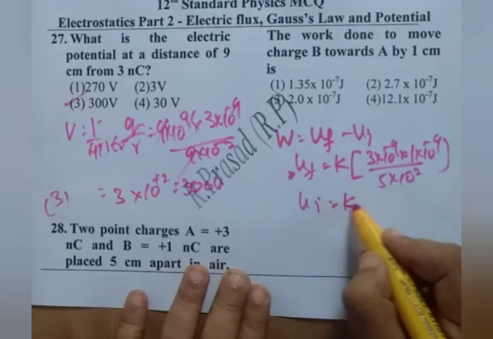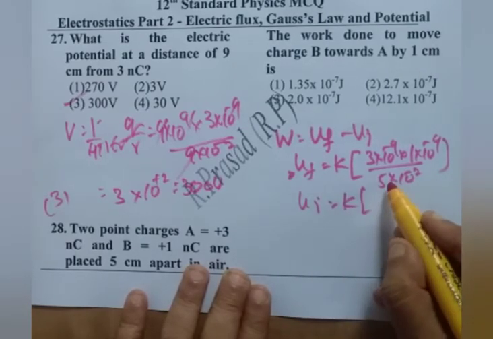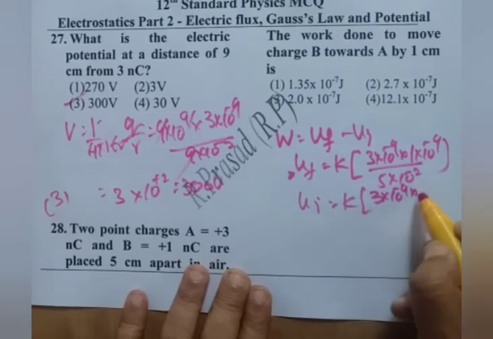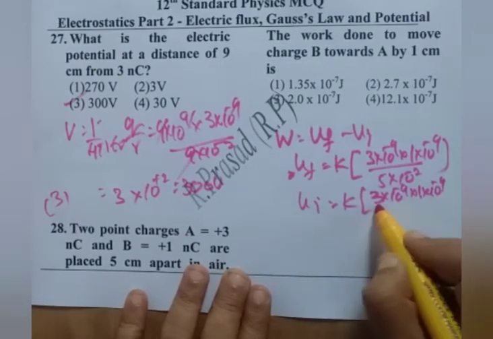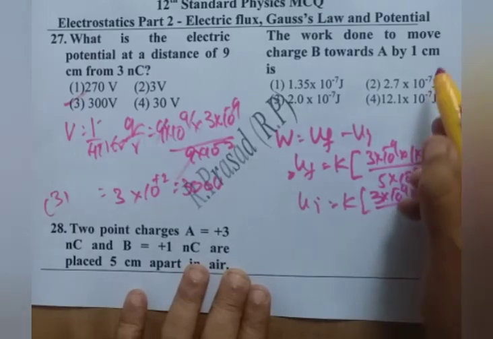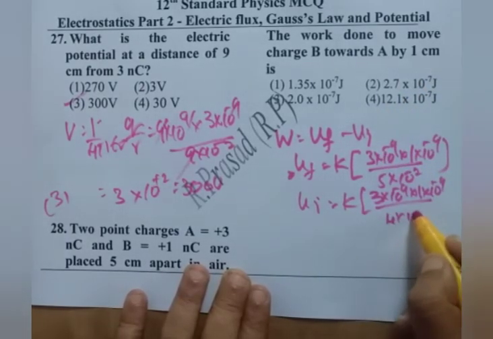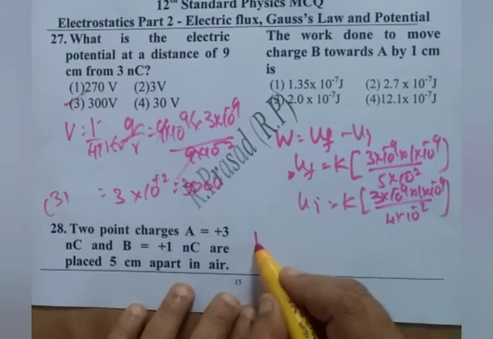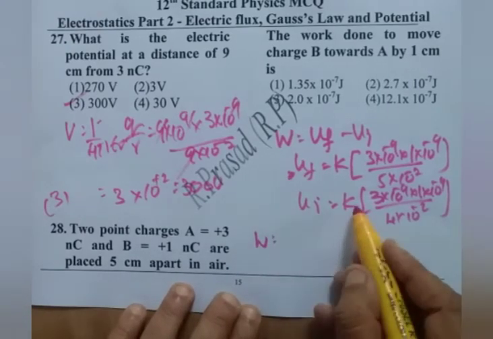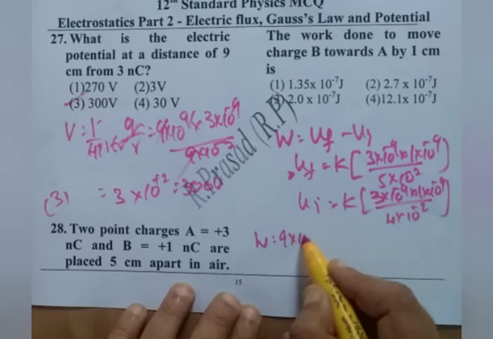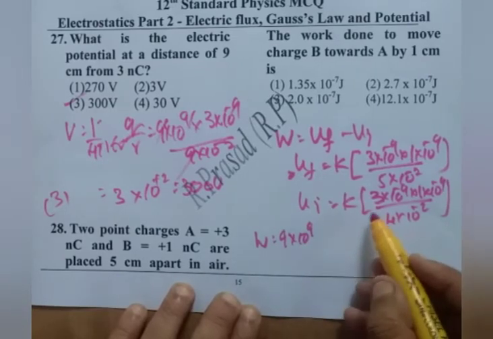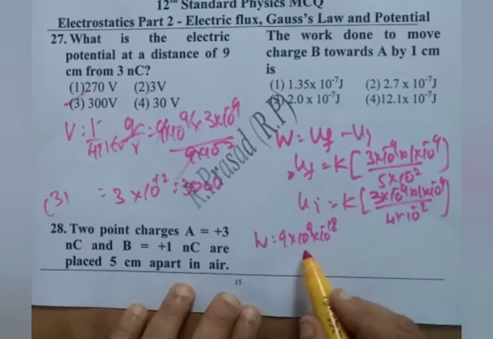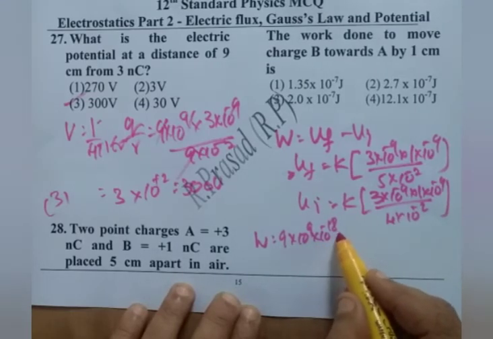Ui, K into 3 into 10 raised to minus 9, 1 into 10 raised to minus 9, by, 1 centimeter moved means 4 centimeter remaining, 4 into 10 raised to minus 2. If we want to calculate the work done now, if you substitute everything, 9 into 10 raised to 9 and 10 raised to minus 18, you can cancel a 9 there, and 3 comes out.